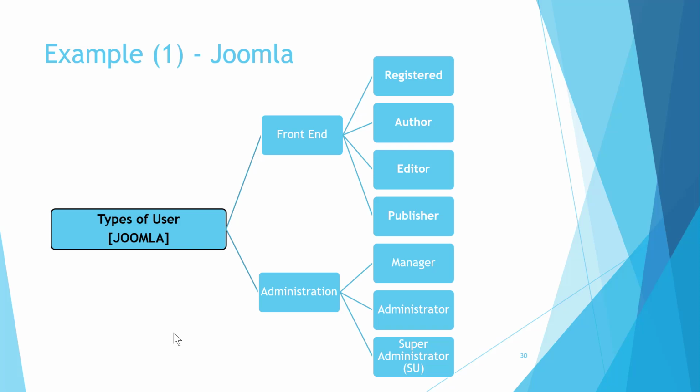What is the difference between front end and back end? Front end is where you can view and have a certain level of security or privilege, while as administrator you can do everything, even deleting your CMS.